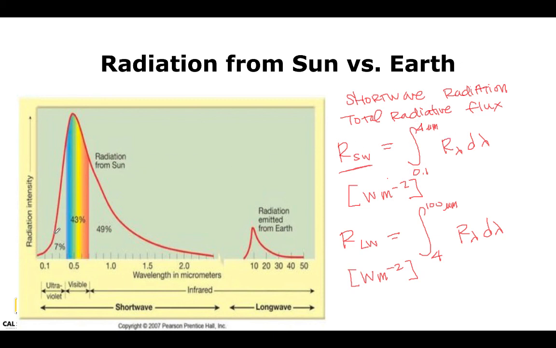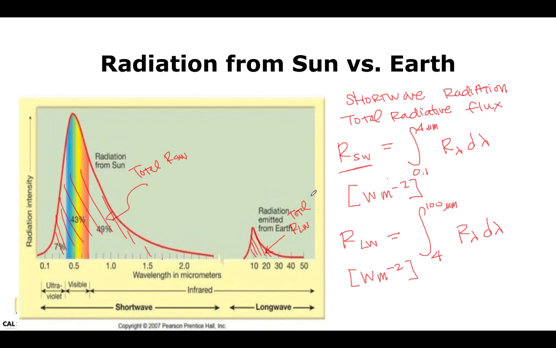We essentially said, give me the total radiation due to the shortwave spectrum, and integrate and give me the total long wave across this spectrum.